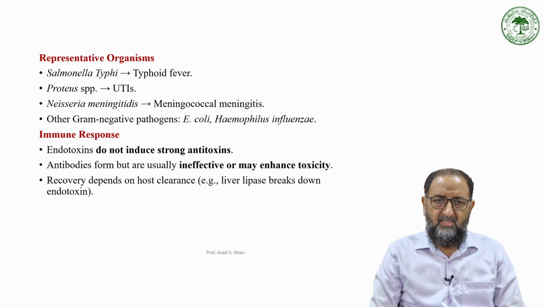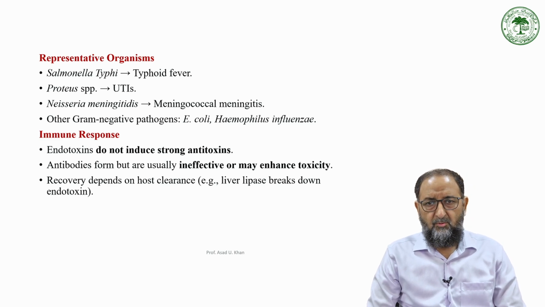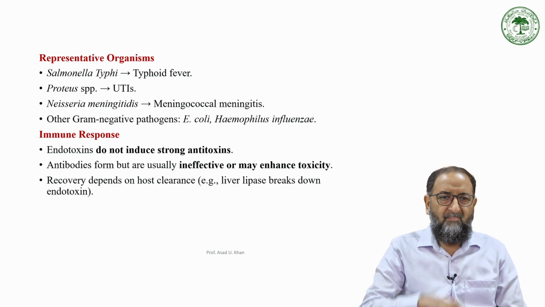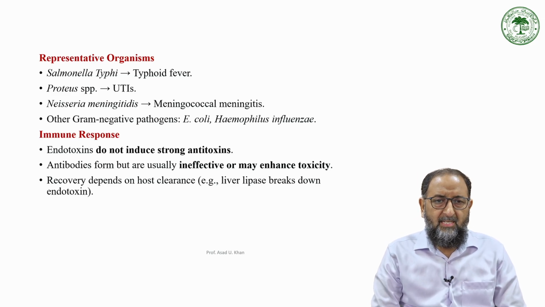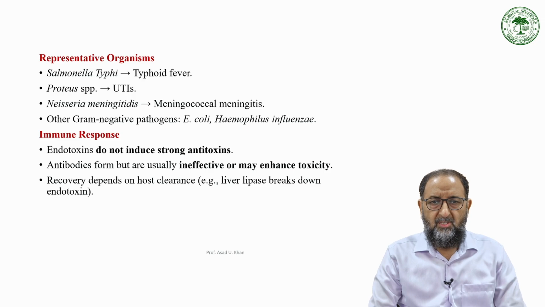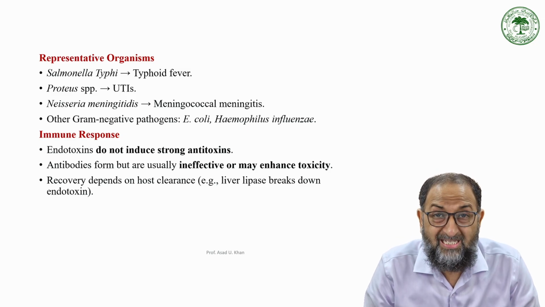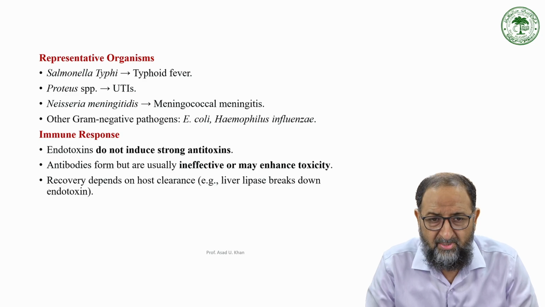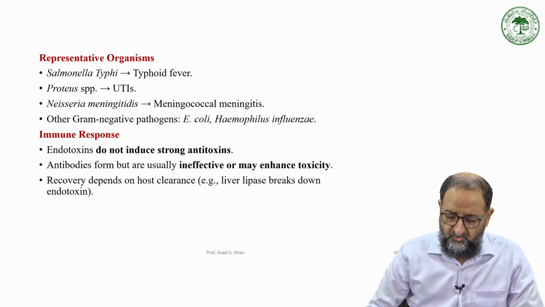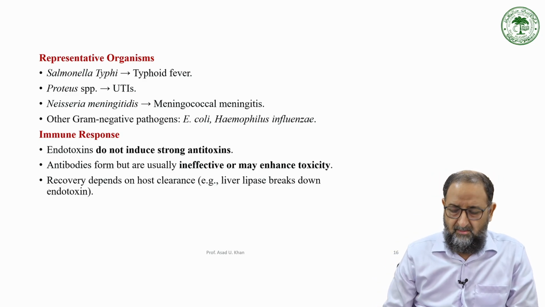Other gram-negative pathogens are like E. coli, Haemophilus influenzae, and so on. The immune responses: endotoxins do not induce a strong antitoxin. Antibodies form but are usually ineffective or may enhance the toxicity. Recovery depends on host clearance, for example liver lipase breakdown of endotoxins. So this is the immune response against endotoxins.